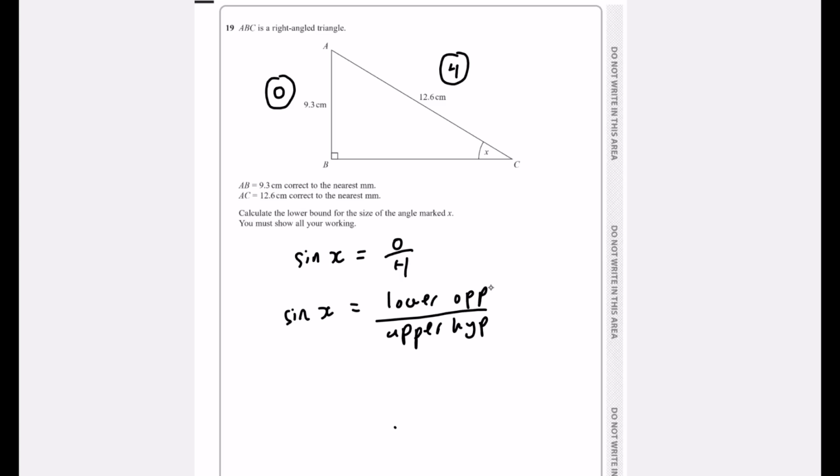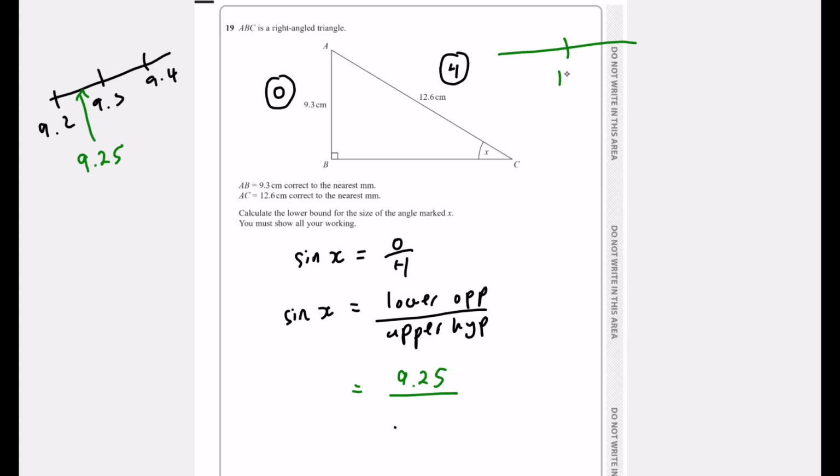So the lowest opposite, so it's 9.3. The one up's 9.4, the one down's 9.2. So the lowest thing it can be is 9.25. The upper hypotenuse, 12.6. The one up's 12.7, the one down's 12.5.